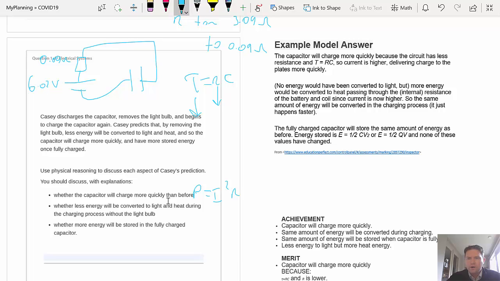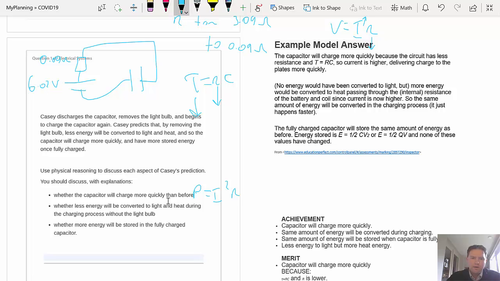No energy would have been converted to light, but more energy would have been converted to heat passing through the internal resistance of the battery. That's a good subtlety, because I would be dramatically higher: we've got V equals IR, and R has got really small, and the supply voltage epsilon is the same, so our current has gone really high.